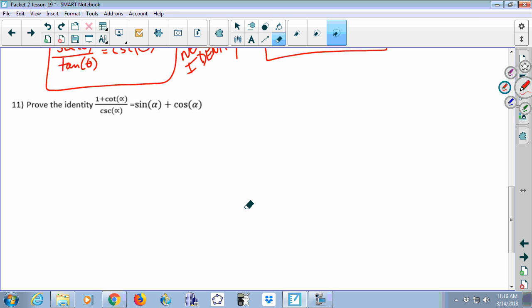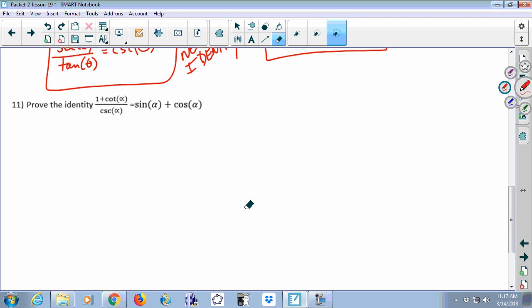You're already told this is an identity. It's already true, and you're proving it. So the question is, which side of this identity do you start on? And you leave the other one totally alone. You don't touch it.